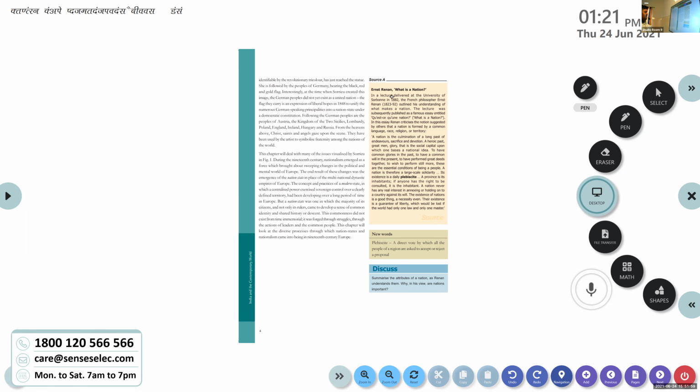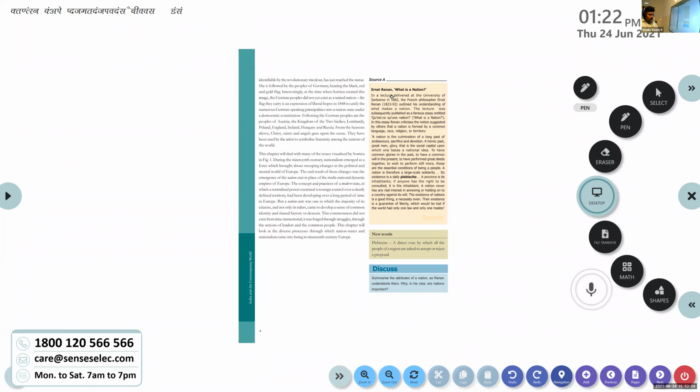The end result, the final result of these changes, was the emergence of the nation states. Underline that. Nation states in the place of multinational dynastic empires of Europe. At that time, there were a number of dynasties and empires under the control of various kings and queens.